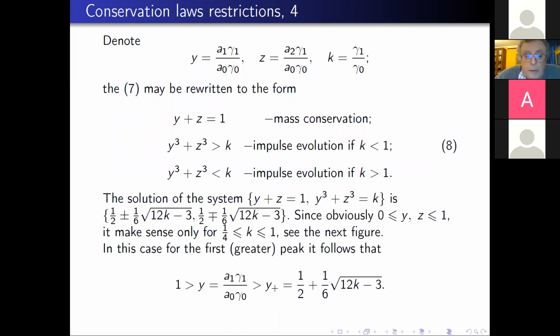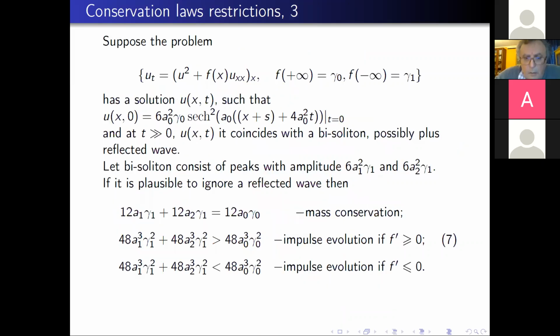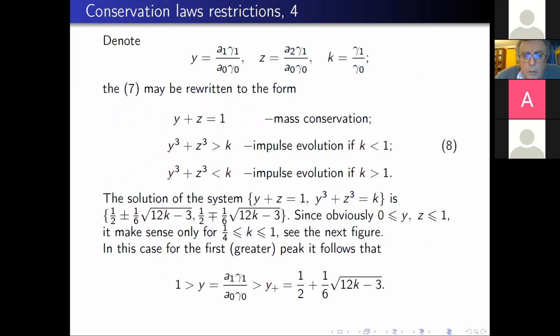This system of equations and inequalities may be written in a simple form if we use the notations given in the first line. Then it will come to this very simple system.